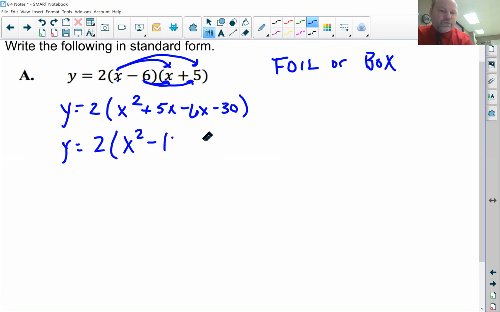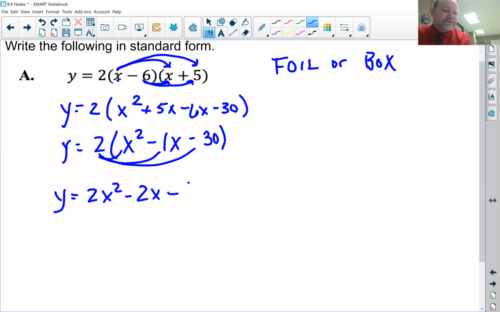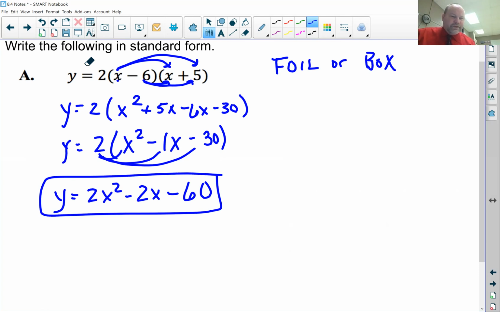You don't have to put the 1 in there. I did because now I'm going to distribute, and it's going to be a little bit easier to distribute then. So distributing the 2, we get 2x squared minus 2x minus 60. So multiplying everything by 2. And that's the standard form of the equation in X-intercept form that is 2 times x minus 6 times x plus 5.